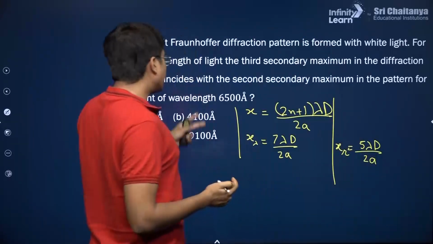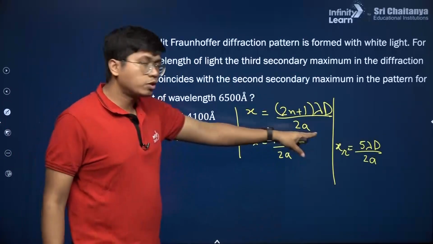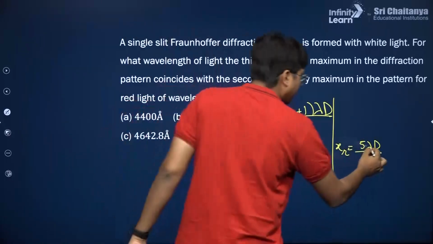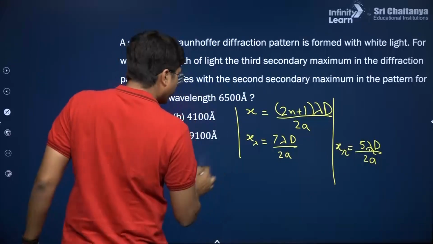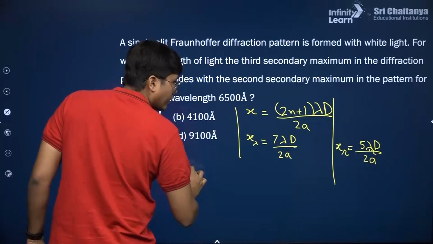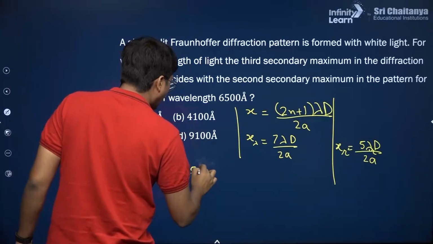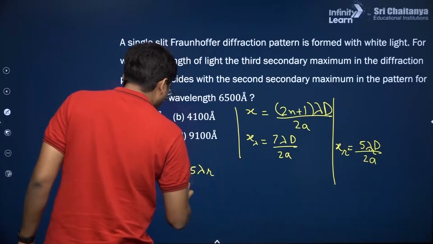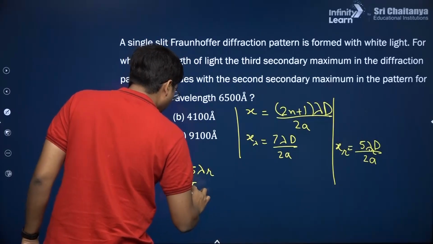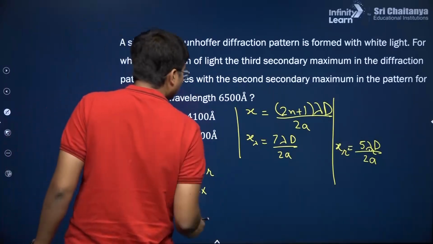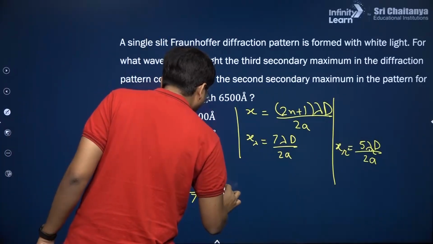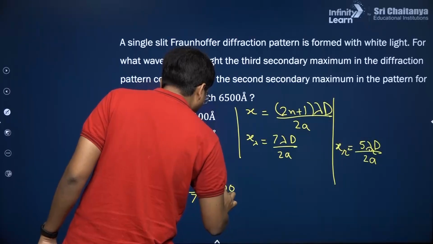Now it is said that they coincide, so this is equal to that. This is lambda r, by the way. If you equate both of them, you will effectively get 7 lambda is equal to 5 lambda r, or lambda is equal to 5 by 7 into the wavelength, which is 6500 Armstrong.